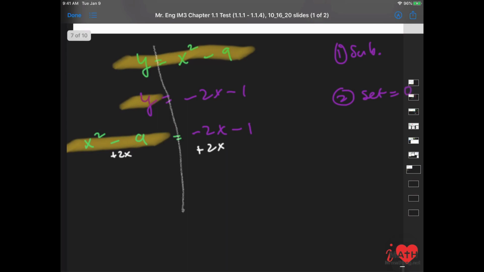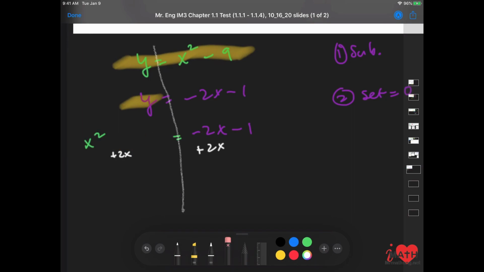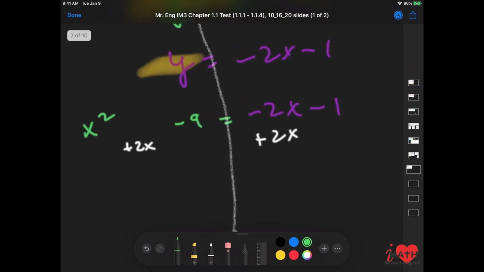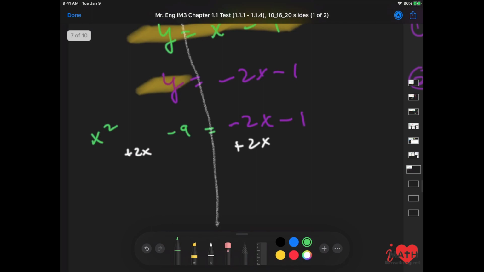Do you see how there's actually something missing in the middle there? We're going to need this for our next chapter. I call it a placeholder. You have x to the second. Well, what's x to the first? It's a 0. So your C value is -9.